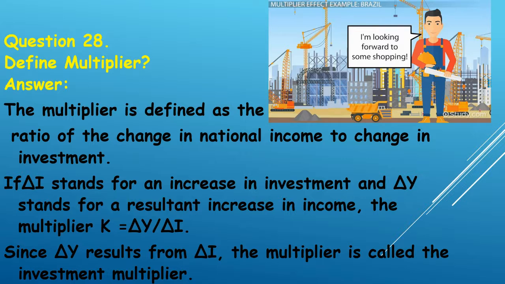For example, just think, when the Brazil World Cup took place, they spent millions of dollars building new stadiums, hotels and infrastructure. Because of this, many people got job opportunities. It created new jobs, new work. More and more people were employed and earned more money.